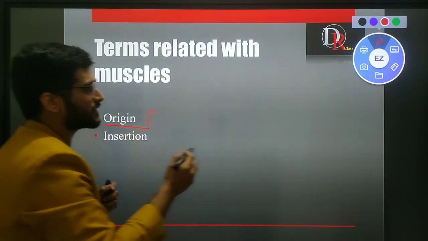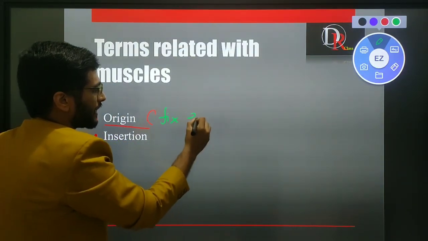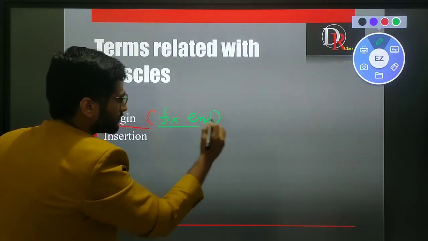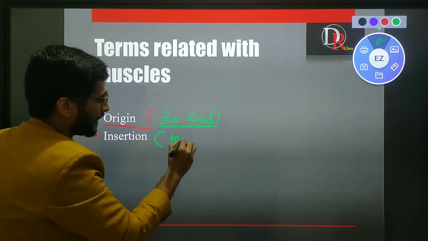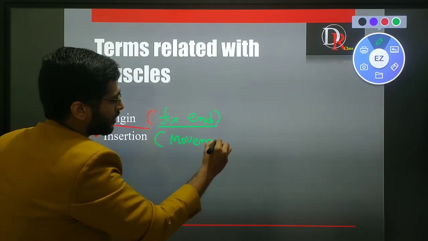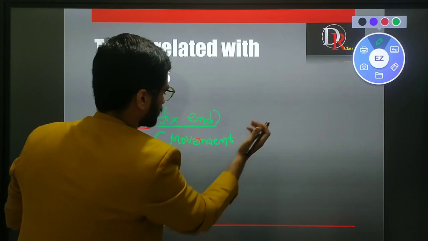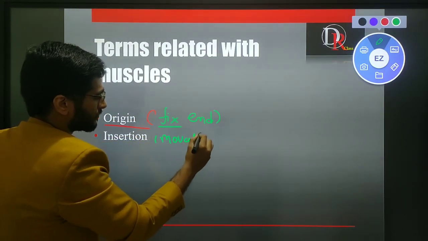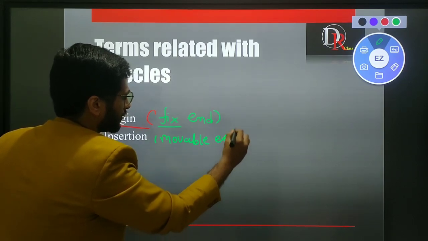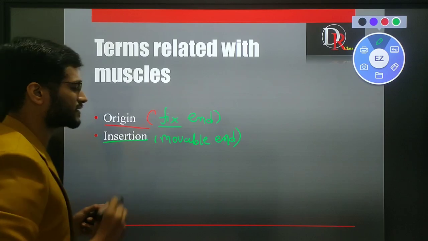Origin is the fixed end of the muscle, and the insertion is the movable end, or a free end, of the muscle. So this is all about the origin and insertion.